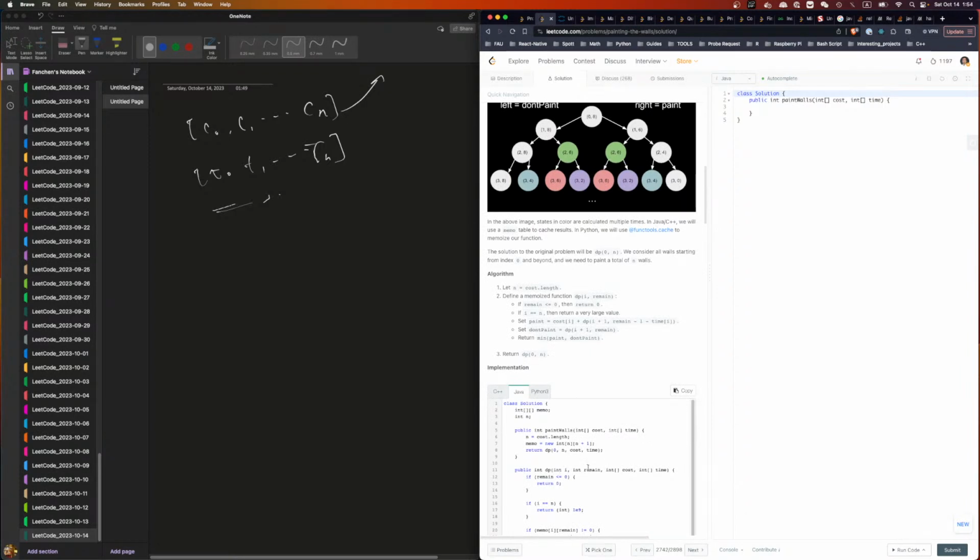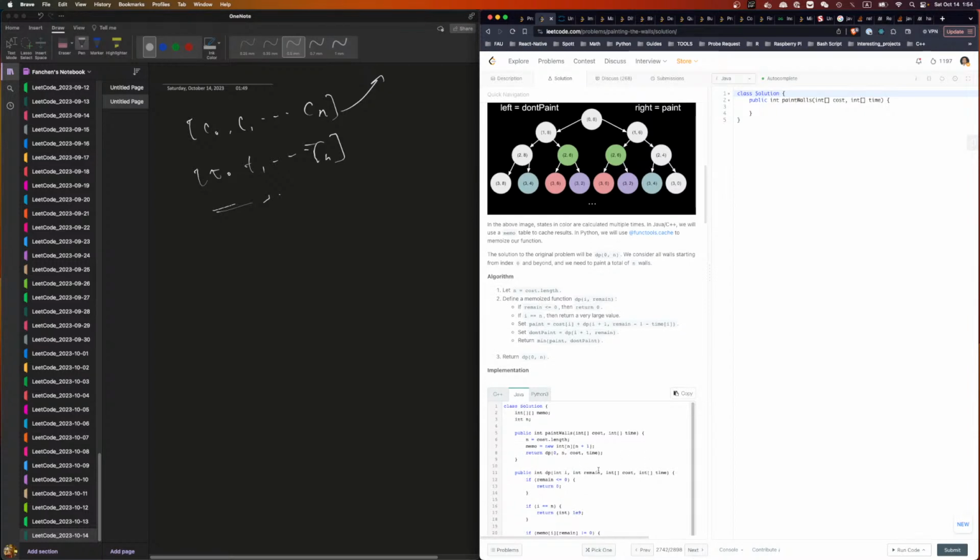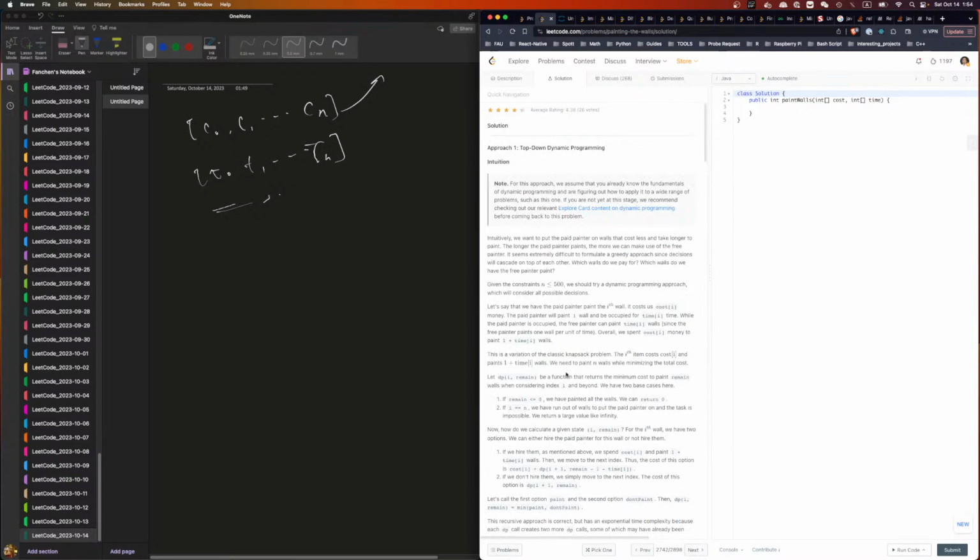I remain, cost I, and then remain. That's the DP state. I and remain. What's this remain? Remaining walls to paint, right? Or the remaining time.